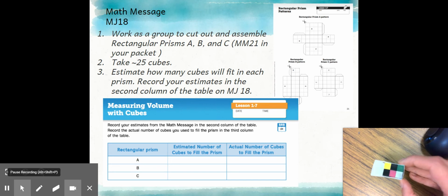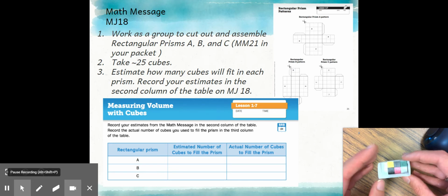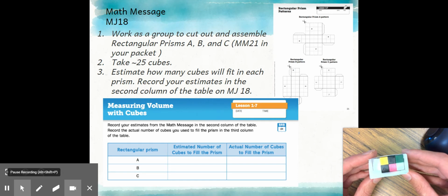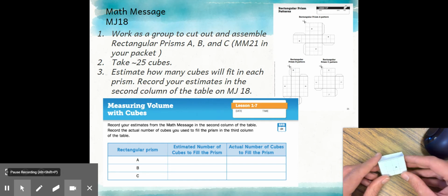So I've got 1 layer. So how many cubes make up 1 layer? And I know the white ones are hard to see. Right, there are 8 cubes that make up 1 layer. So rather than filling the whole entire thing, I could do 8 times 3 because there are 3 layers in this prism.